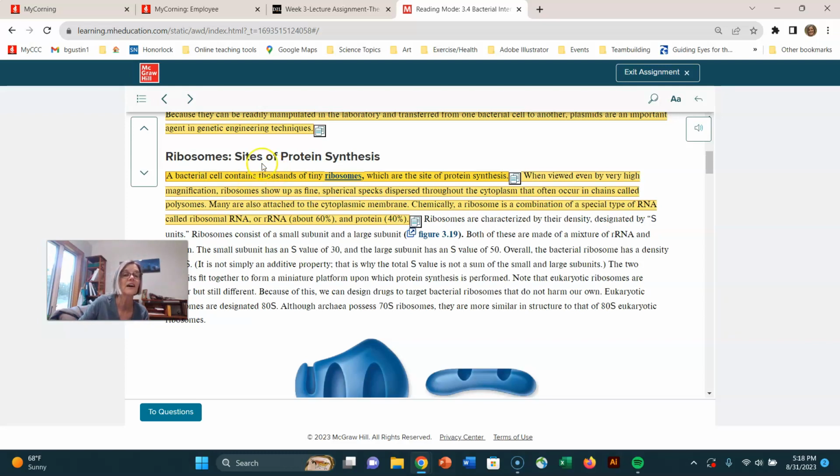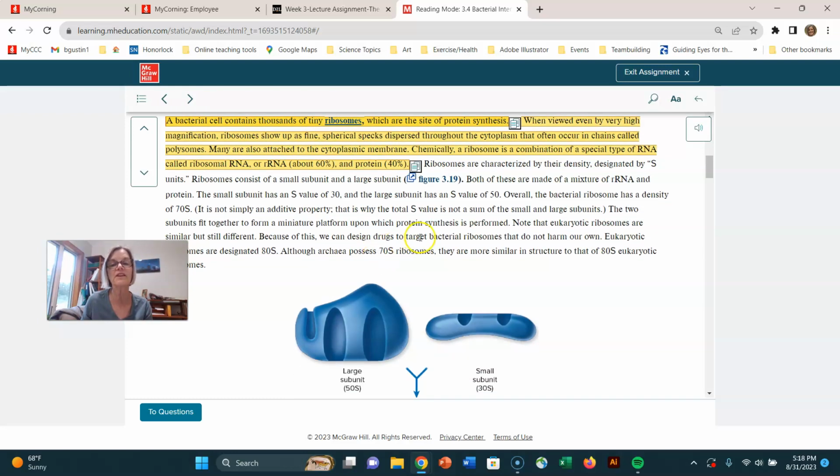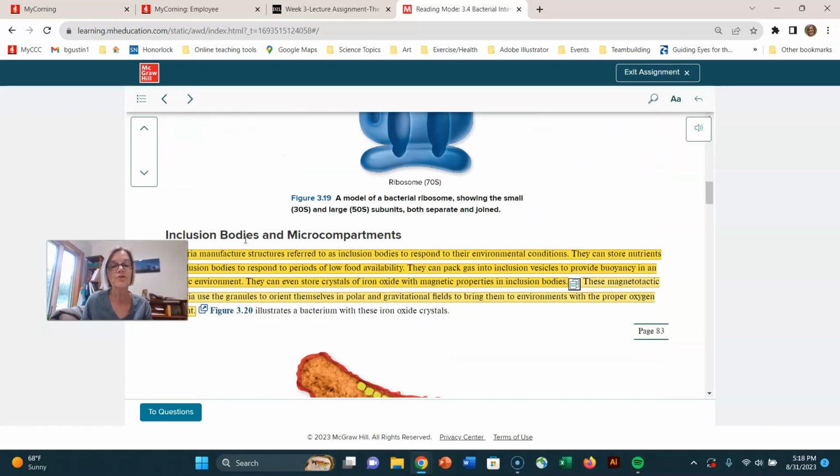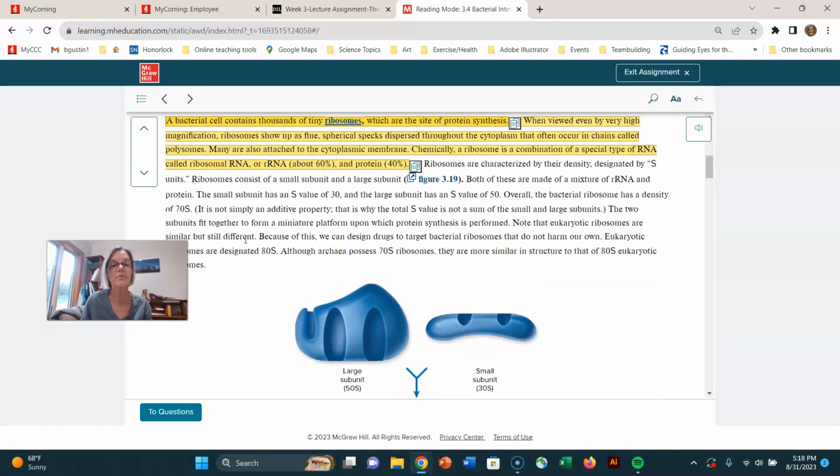It says a bacterial cell can contain thousands of ribosomes. So making proteins is absolutely essential to the life of a cell. It goes into a lot of detail about the structure of ribosomes, but one of the more interesting things is that eukaryotic ribosomes are similar, but a little bit different in their structure. And because of that, eukaryotic and prokaryotic ribosomes respond differently to certain drugs.